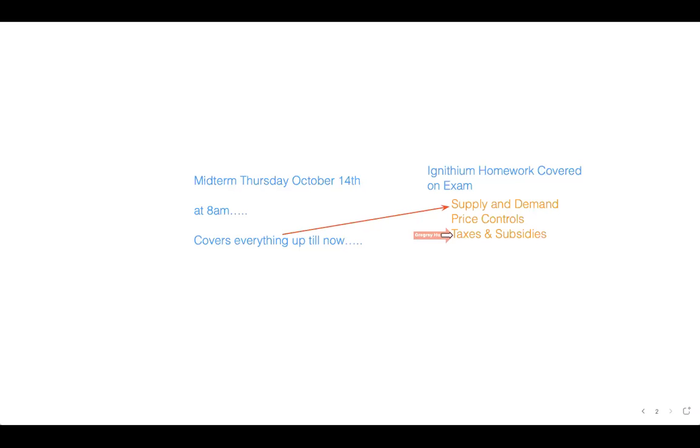So after you finish all of the problems that are going to be on your Ignithium exam, you'll notice on the cover page, and I'll point this out to you, it won't be a secret, I'll ask you, based on one of the questions in your exam usually, to draw that diagram of maybe a price ceiling, a price floor, or maybe a tax or something, and label the areas that correspond to the welfare impacts of that particular problem.